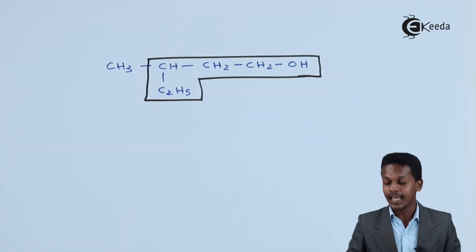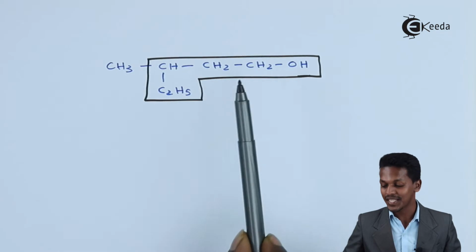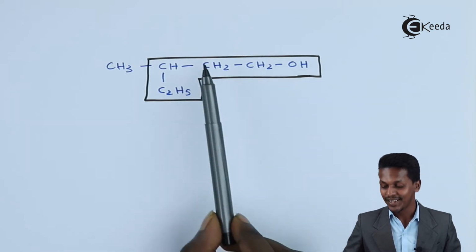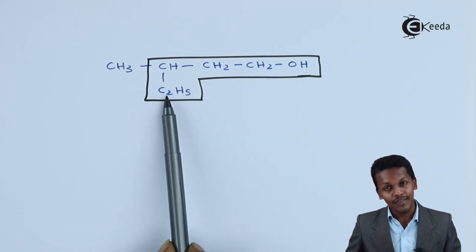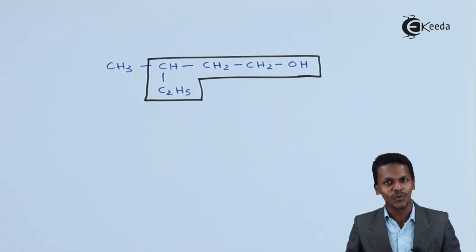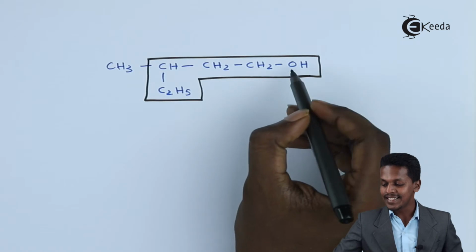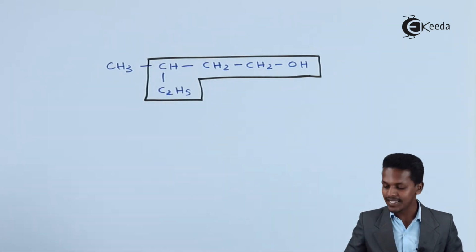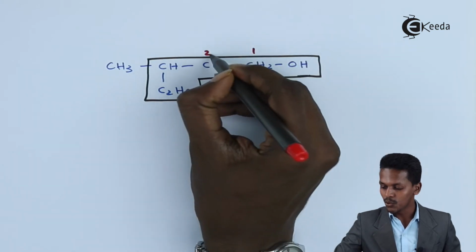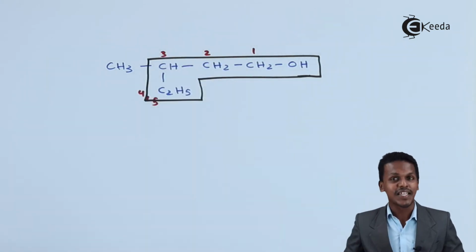But what if I number it from here? This one will be carbon number 1, 2, 3, 4, and 5. As per the second rule, this is the correct method to give the numbering. So I give the numbering from this side, as carbon number 1, 2, 3, 4, as well as 5.